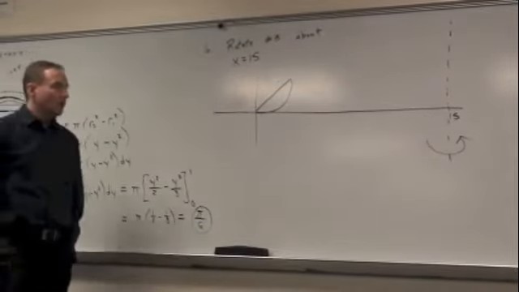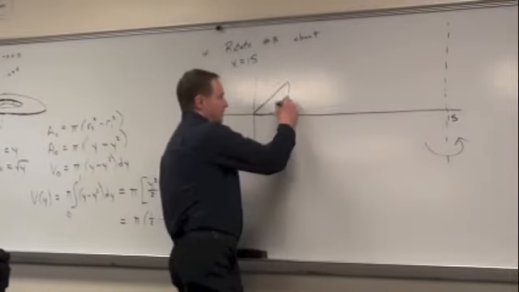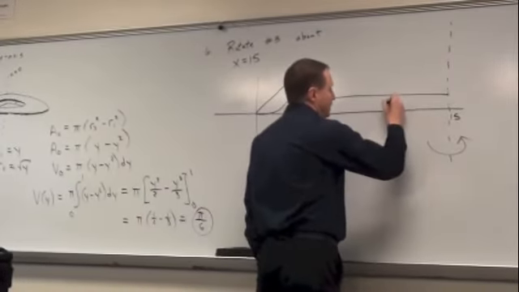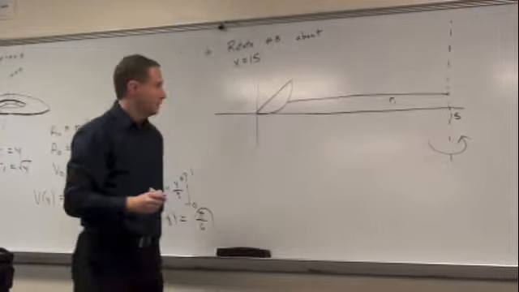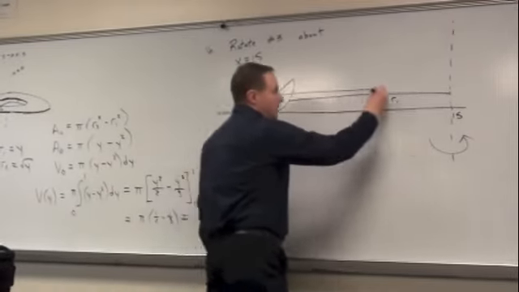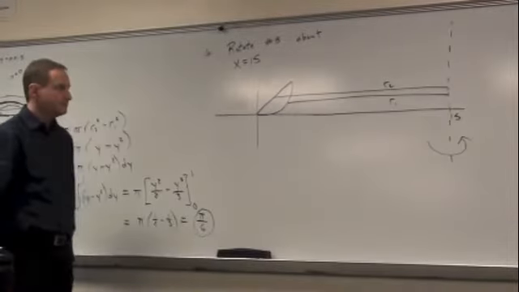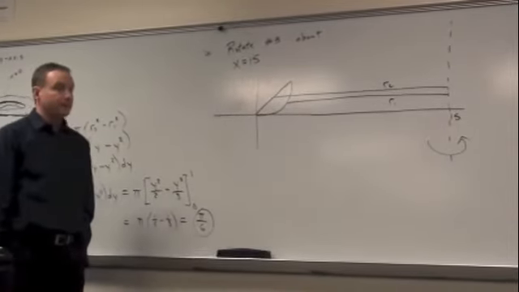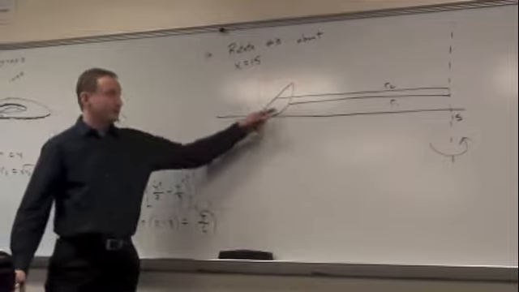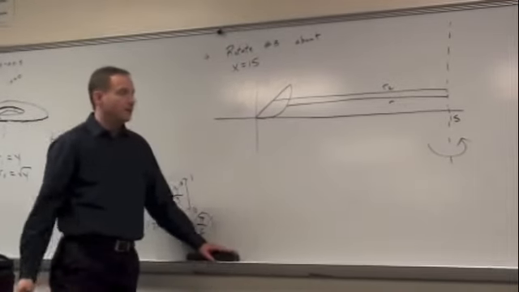Okay. So we're going to have an interior radius R1. We'll have an exterior radius R2. And they're both going to be extremely long with respect to the region that they represent. That's okay again.